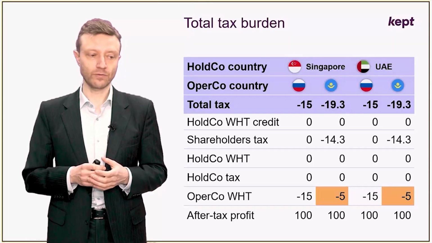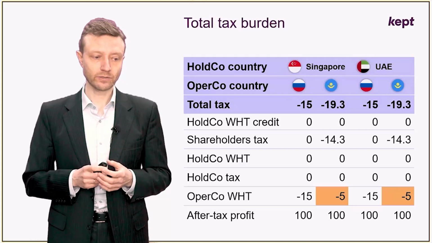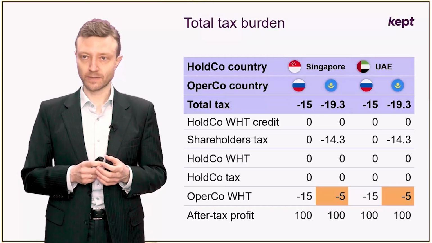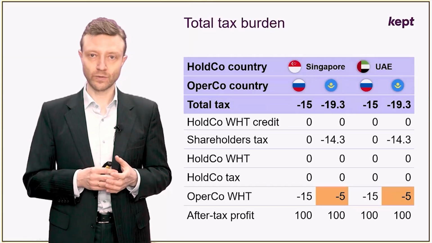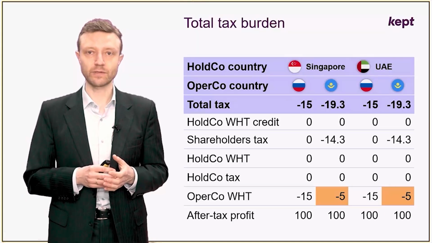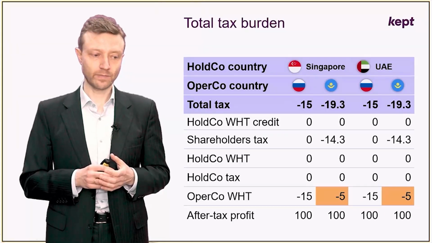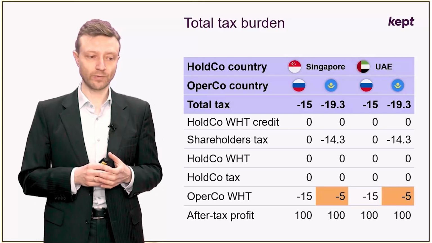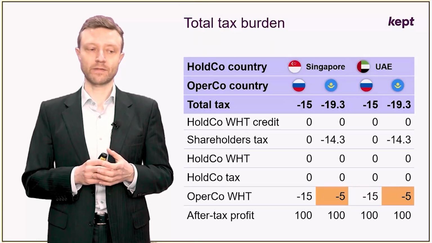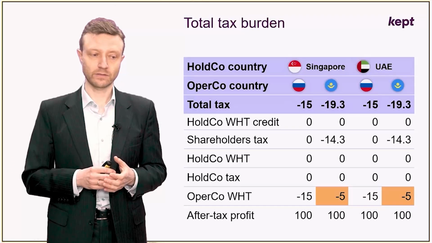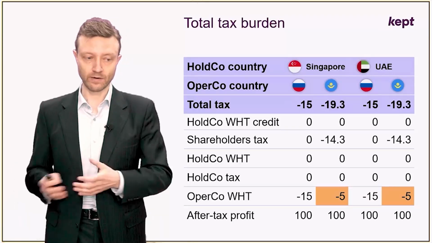It is highlighted on the table because it doesn't apply automatically. The way it works in Kazakhstan with these countries is that, first of all, dividends should be paid and tax should be withheld at source at the full rate, and then the tax treaty benefits apply through a refunds mechanism.